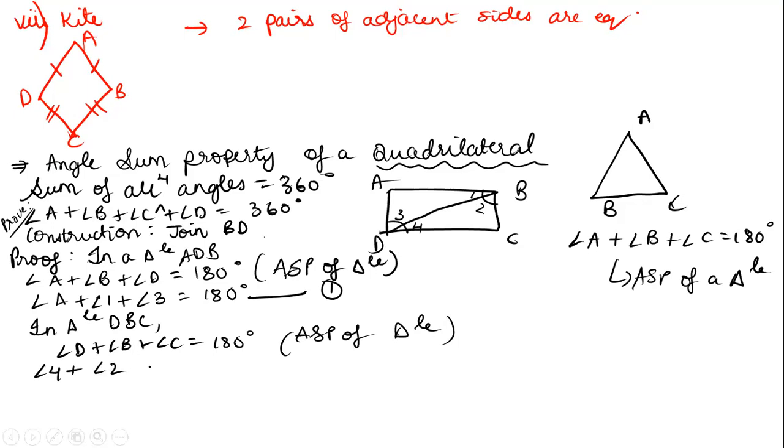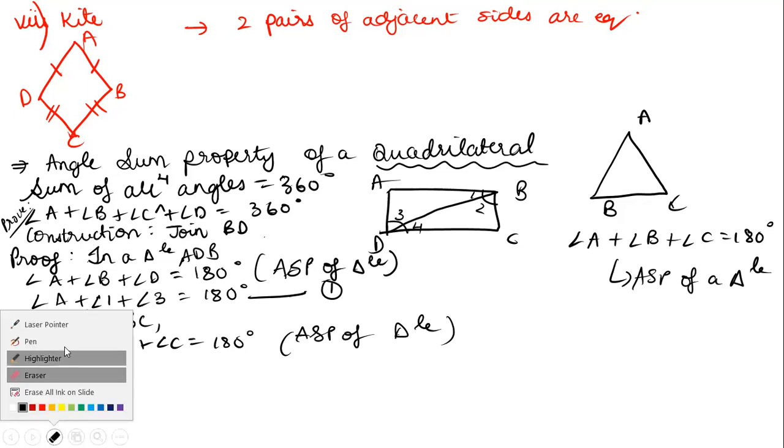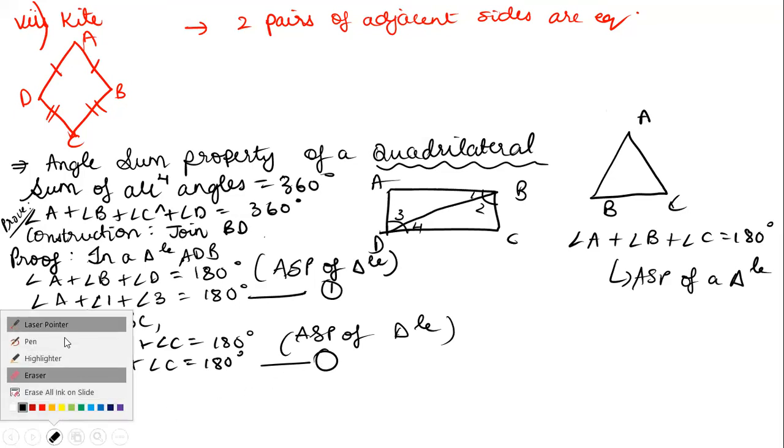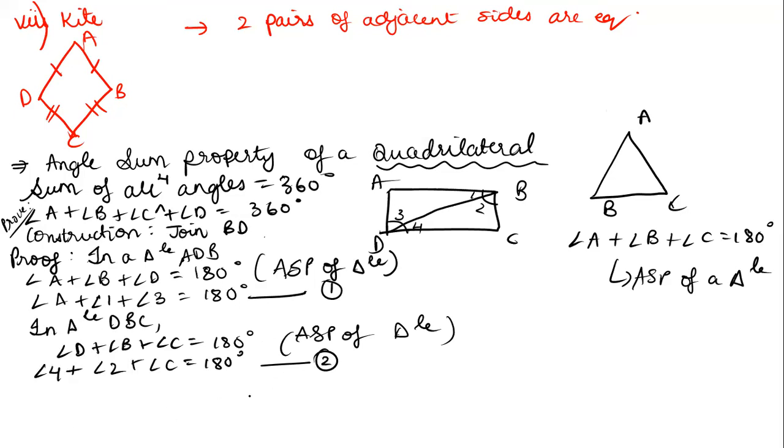When I'm talking about angles and sides, please make sure to look at the figure so that you understand what I'm talking about, right? Cool. So plus angle C, which remains as angle C, is equal to 180 degrees. This is equation number 2. Let's write that a bit more neatly.